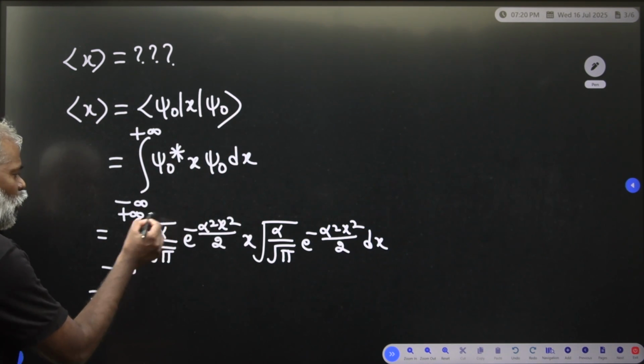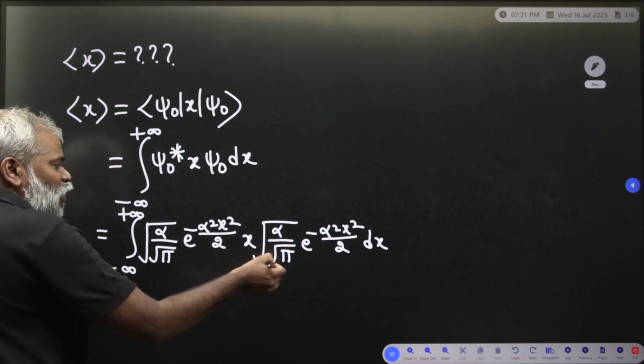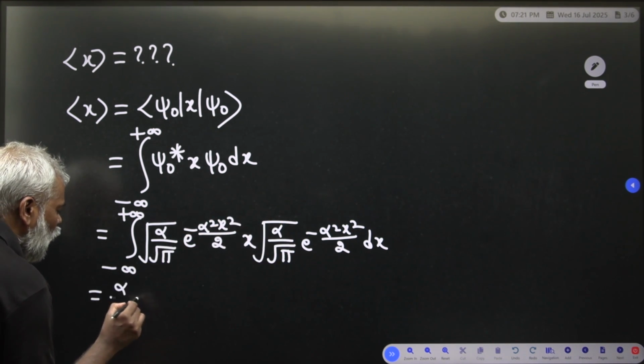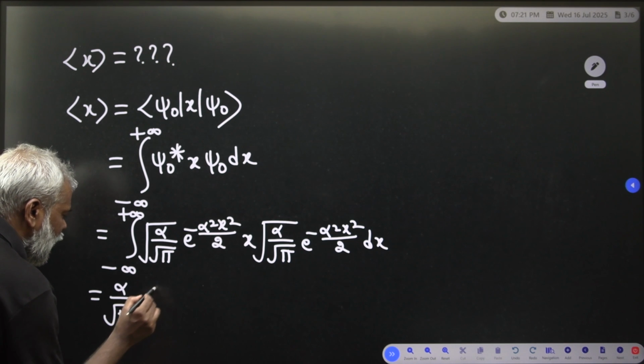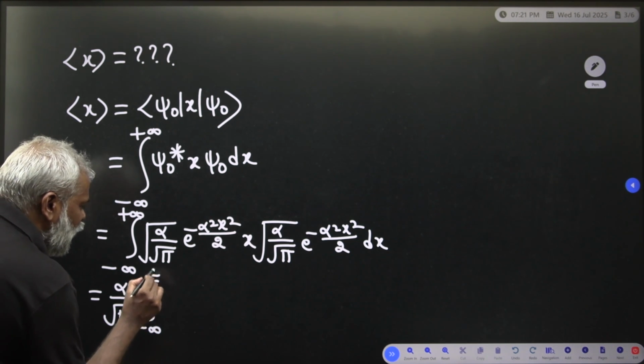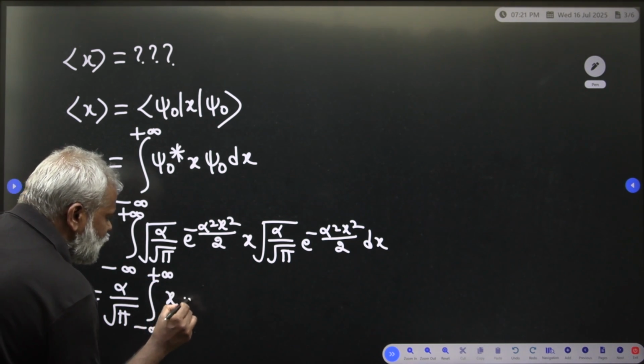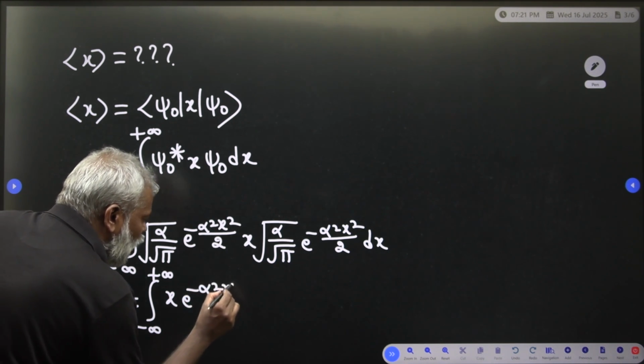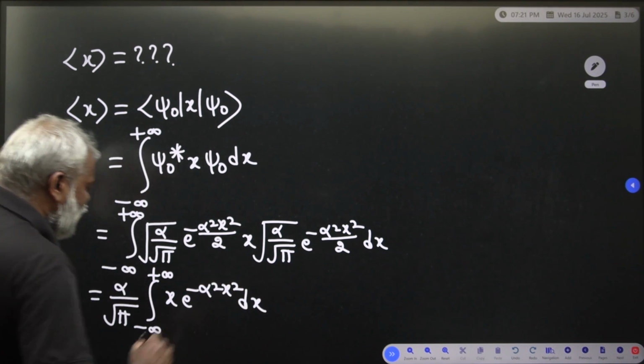So root alpha by root pi, root alpha by root pi, that is alpha by root pi, and we get the integral from minus infinity to plus infinity of x into e to the power of minus alpha square x square dx.